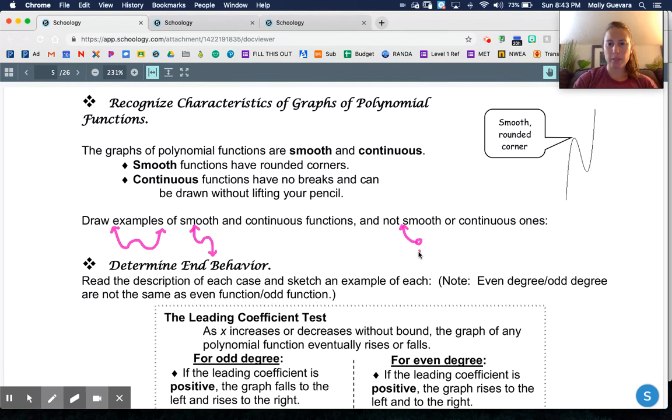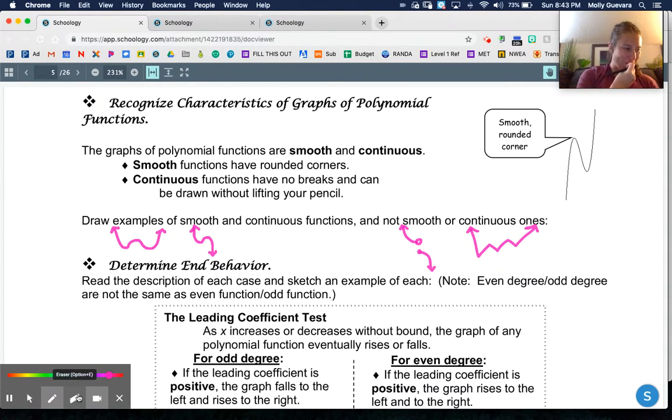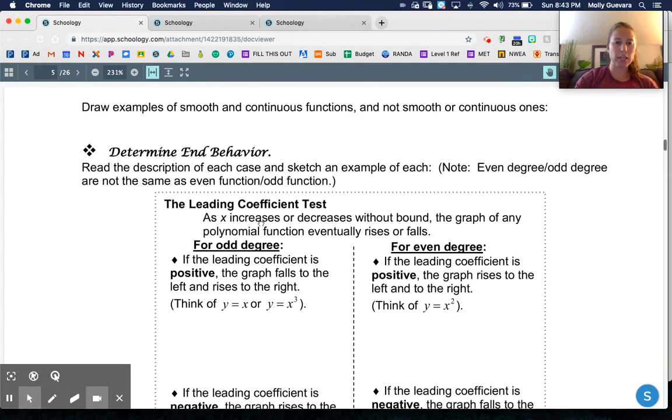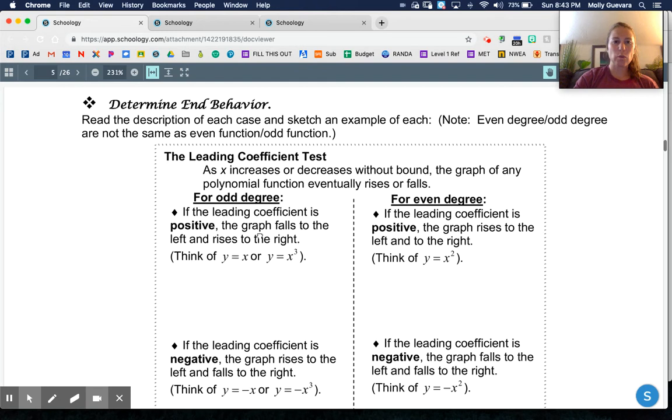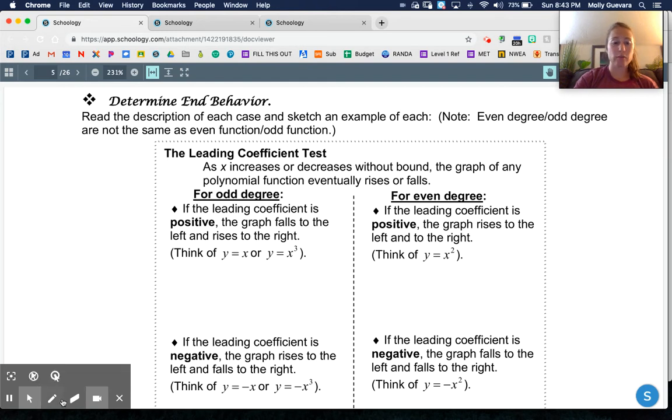A piecewise function is not continuous, or a pointed graph like that is not smooth because it has sharp corners. So hopefully that makes sense. We're going to talk about the leading coefficient and the degree, because depending on the leading coefficient and the degree, we can do a general sketch of the graph, which is pretty cool, okay?